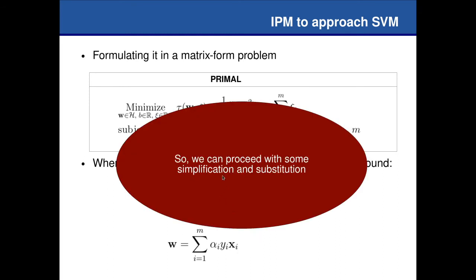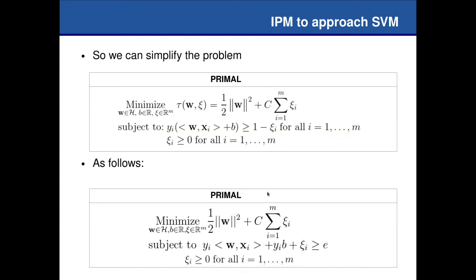Just remember something. If I write the Lagrangian of our primal and differentiate it in terms of w, I will have w equals the sum of alpha i, yi, xi. You probably remember that. What can I do about that? I can proceed with some simplification, even in the primal. Take a look. Our minimization, our primal, is going to be written in a different way. First of all, we're going to distribute. That's this step. I didn't show you the full step, just starting with baby steps.